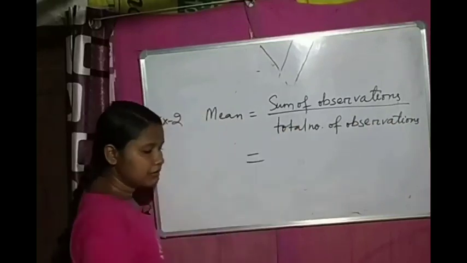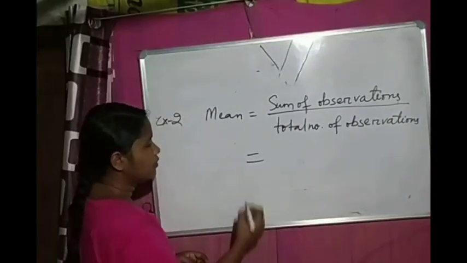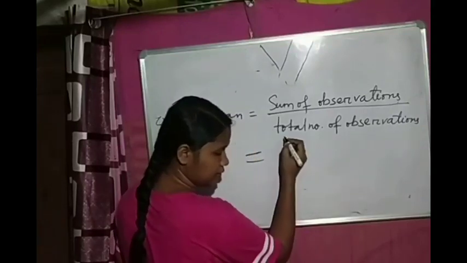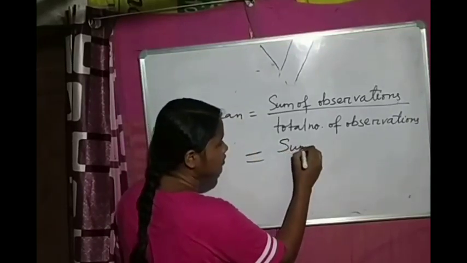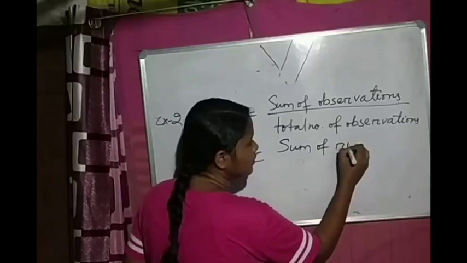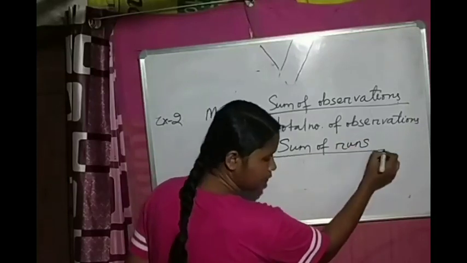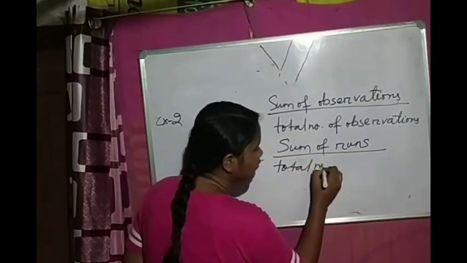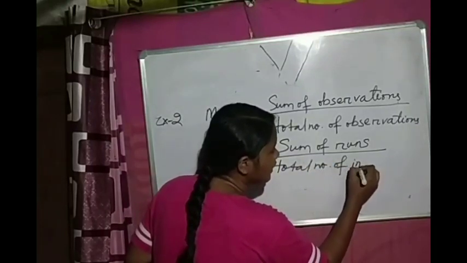The sum of observations is the sum of runs, by the total number of innings.